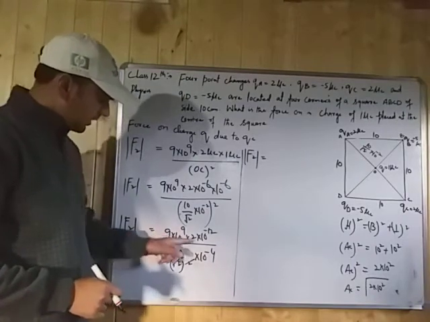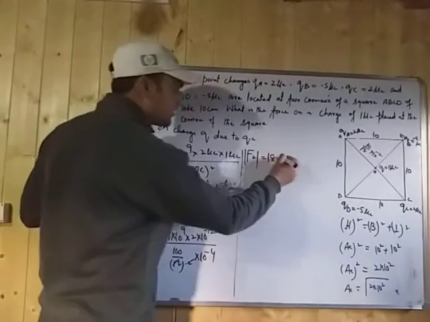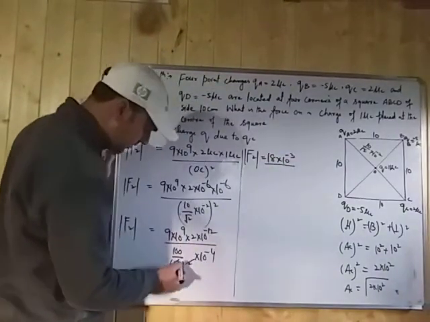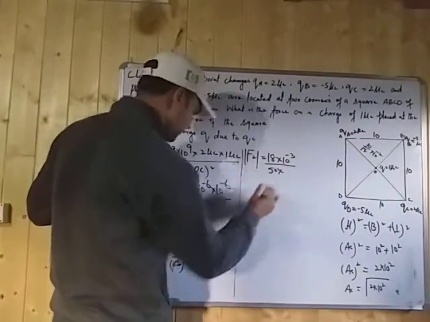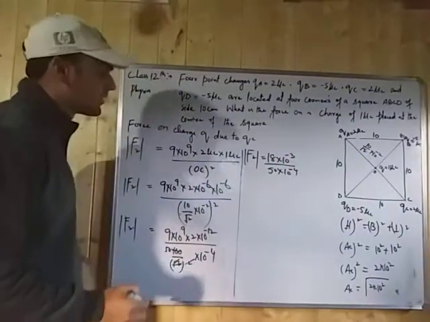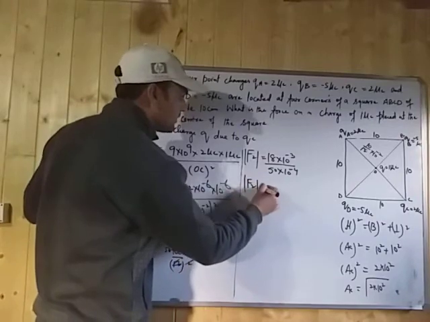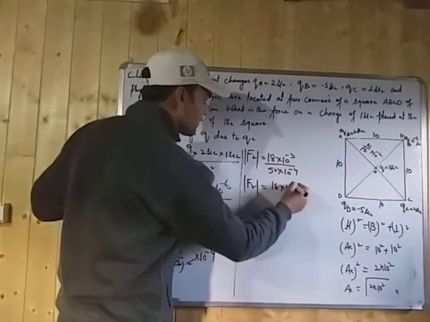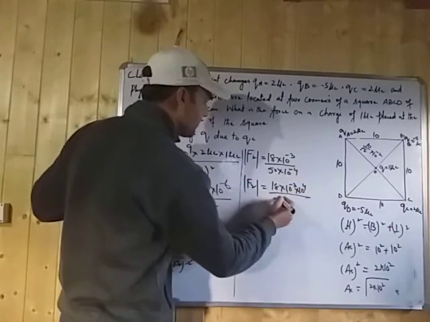So the magnitude of force F2 is equal to 18 into 10 raised to power minus 3 divided by 50 into 10 raised to power minus 4. Or we can write F2 equal to 18 into 10 raised to power minus 3 into 10 raised to power 4 divided by 50.